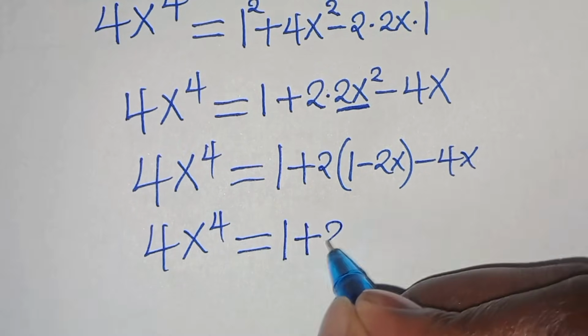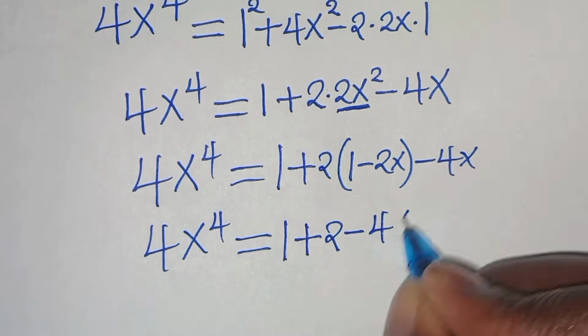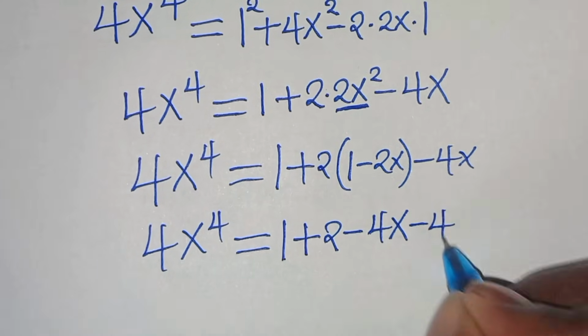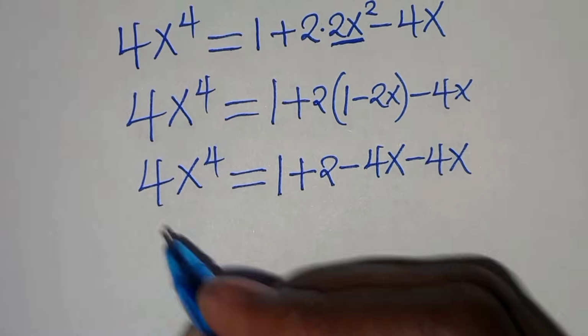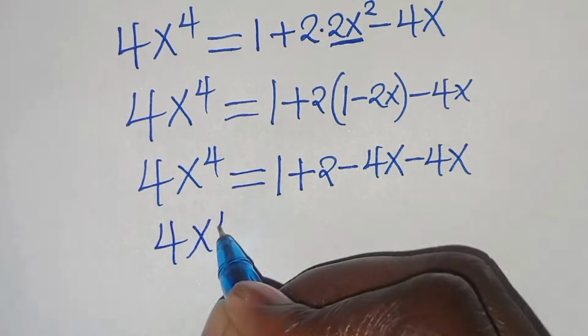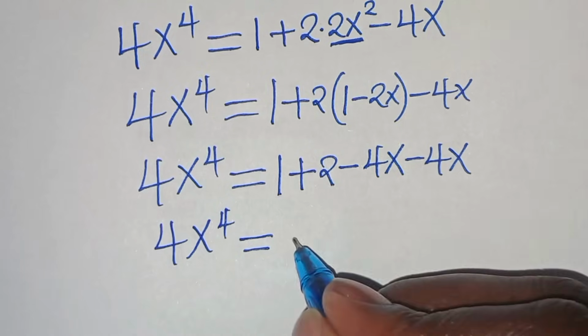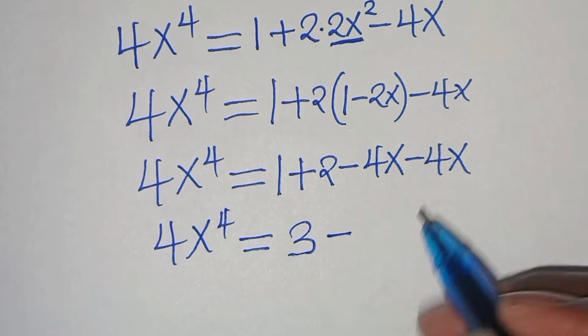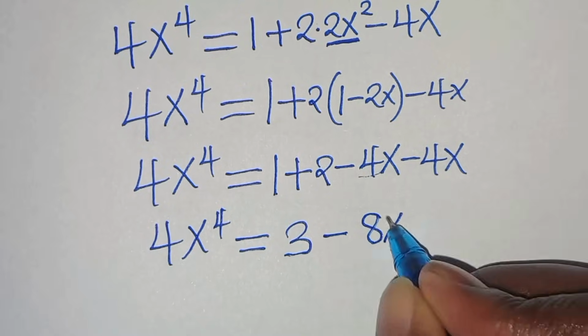Plus 2 times 1, this is 2. Then 2 times minus 2x, this is minus 4x, then minus 4x. So we have 4x to the power of 4 equal to 1 plus 2, this is 3. Then minus 4x minus 4x, this is minus 8x.